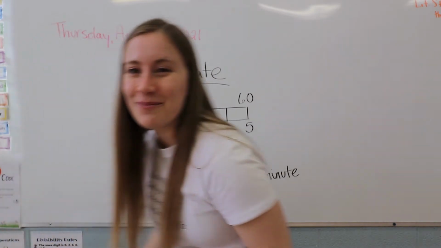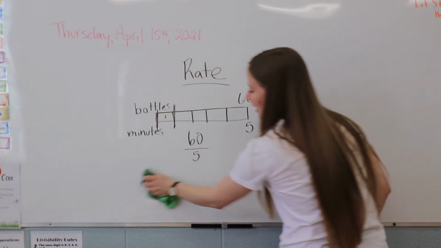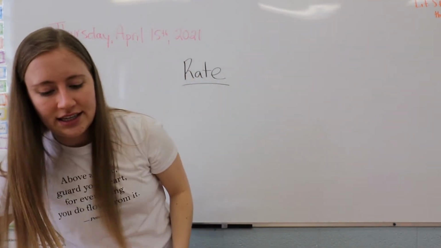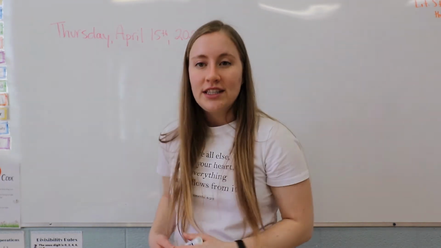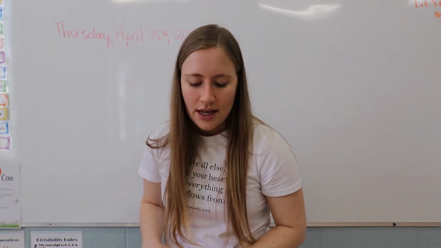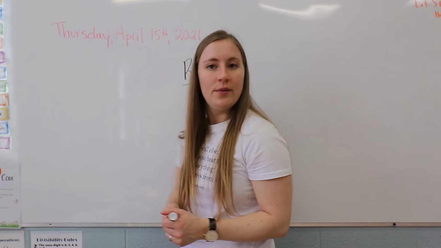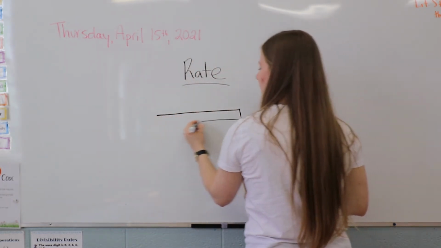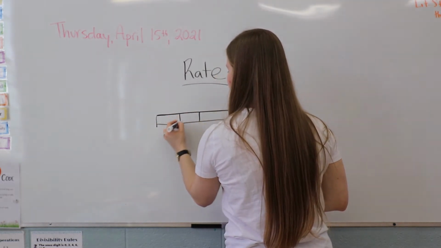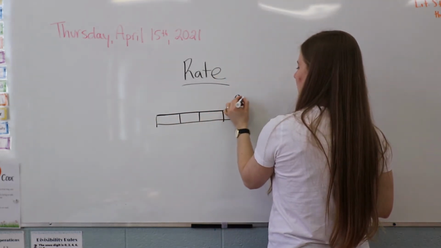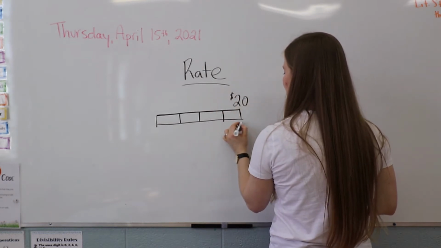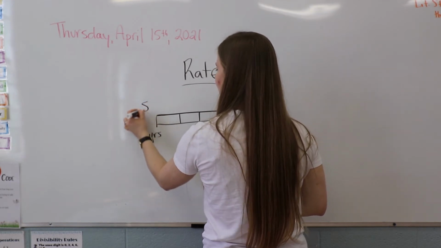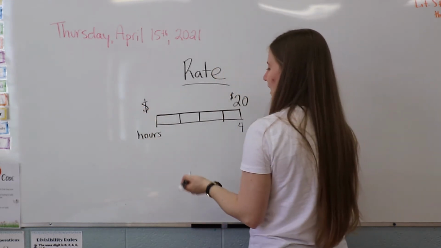So let's look at another example. This time we're on page 45. We're moving ahead 1 page, and we're looking at question number 1 together. Question number 1 tells us Robert is paid $20 for working for 4 hours. How much is he paid per hour? You can see it there in front of you, but I'll show you using our bar line again, just so we can see it. We know that he's getting $20 after 4 hours. So we have hours on the bottom, then money, how much he's getting paid, on the top.